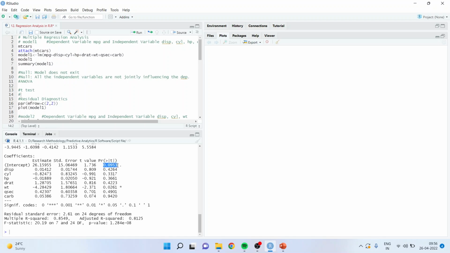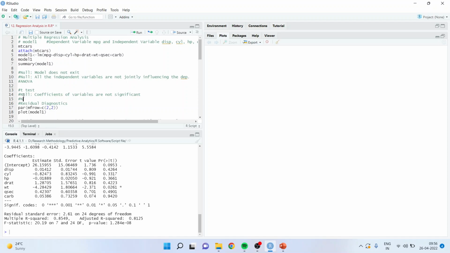See, this is a t-test which is run for individual variables, and the null is that the coefficients of variables are not significant. The alternative is that the coefficients are significant. Again, the desirable thing here is that we should reject the null hypothesis, right?